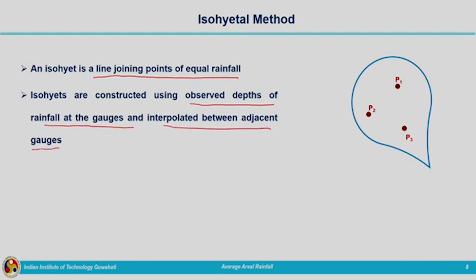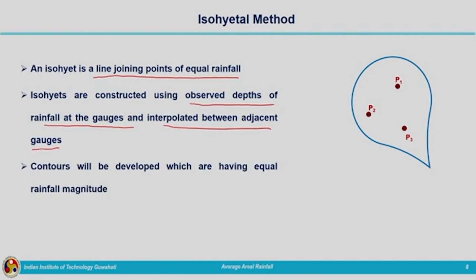These rain gauges will be giving you the rainfall data, and we will be drawing the contours which are having equal rainfall magnitude. How are we going to draw? We are drawing the contours by connecting the points of equal rainfall data. That way we are getting different isohyets within the catchment.